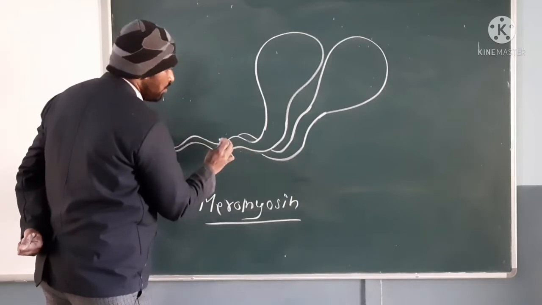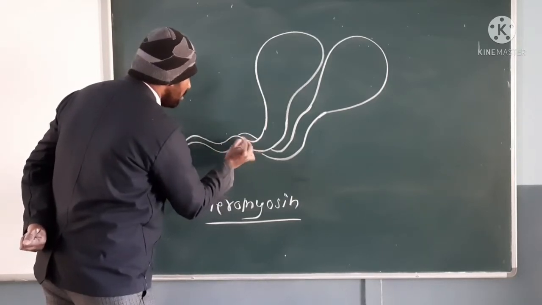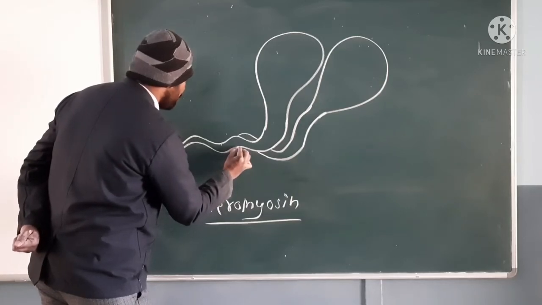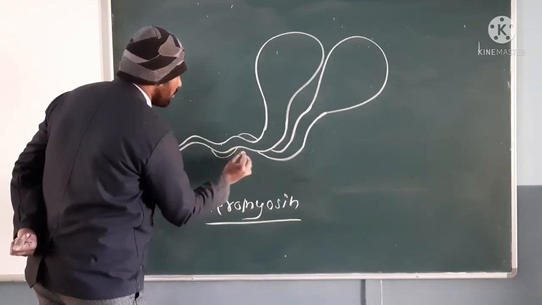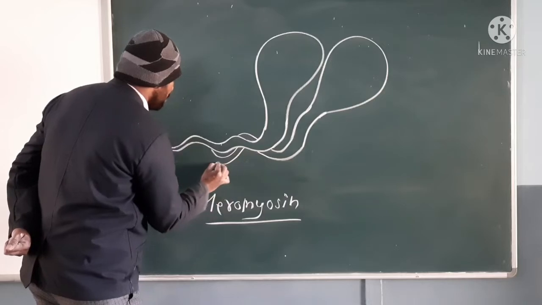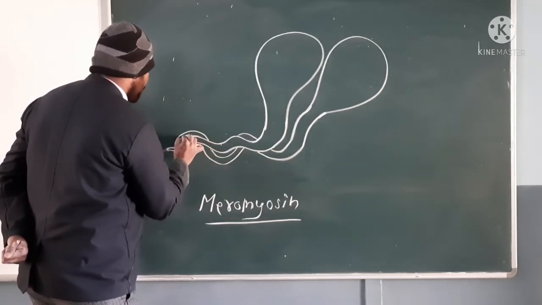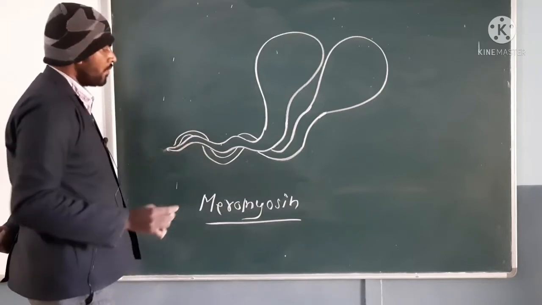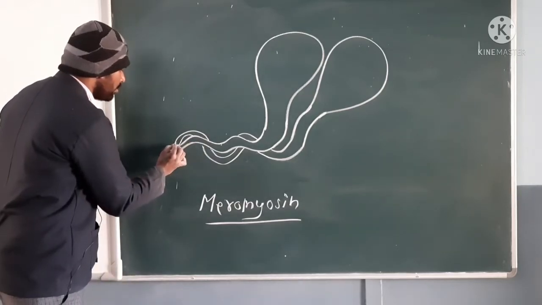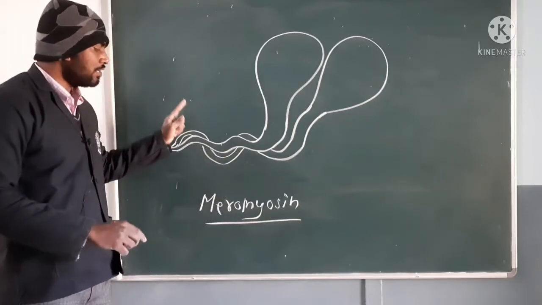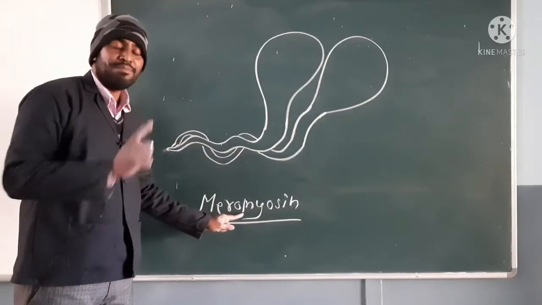So here we are going to draw this diagram in a good manner. I am trying my best to make you understand. And this is the structure we are getting. Okay, are you getting this? So it is the singular structure, a single meromyosin molecule.